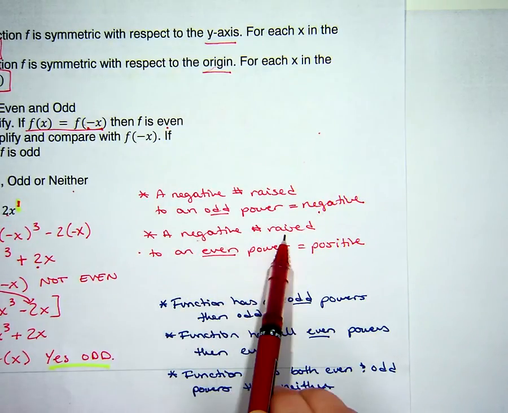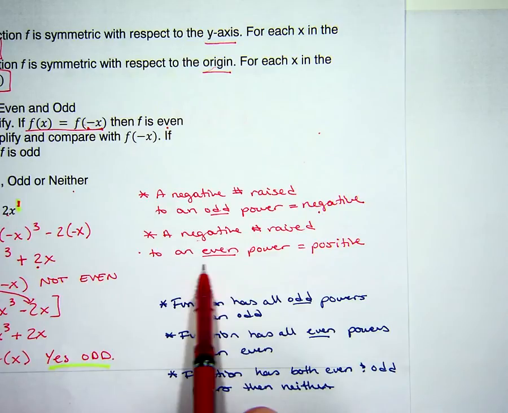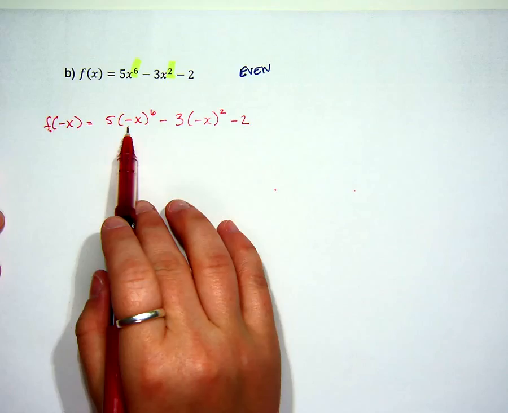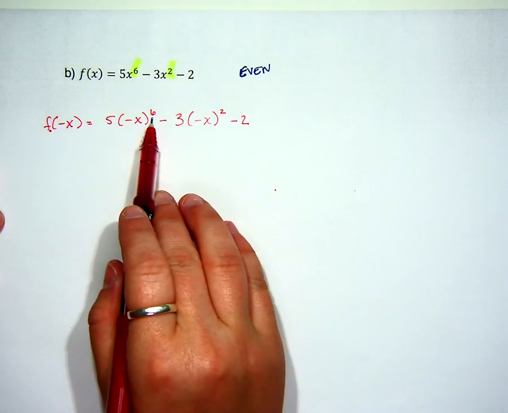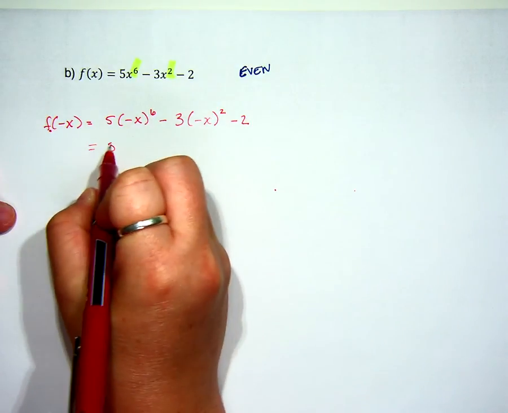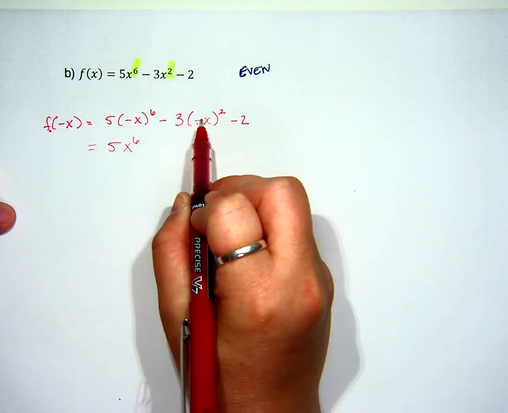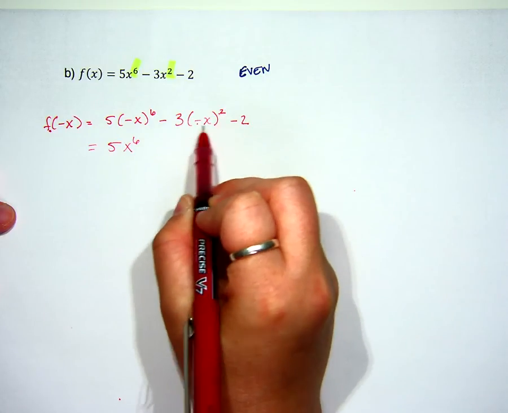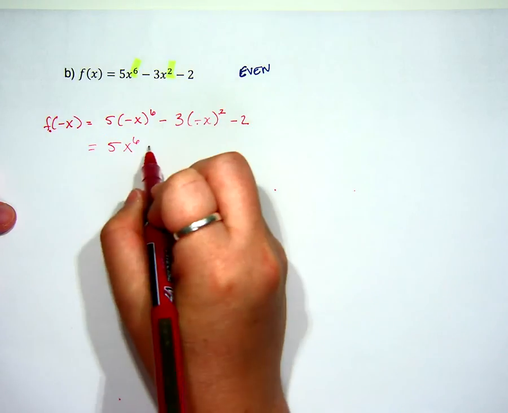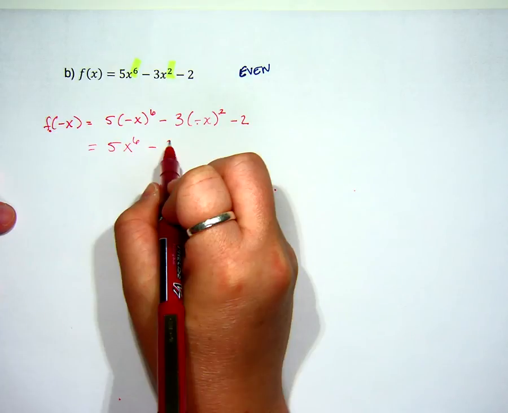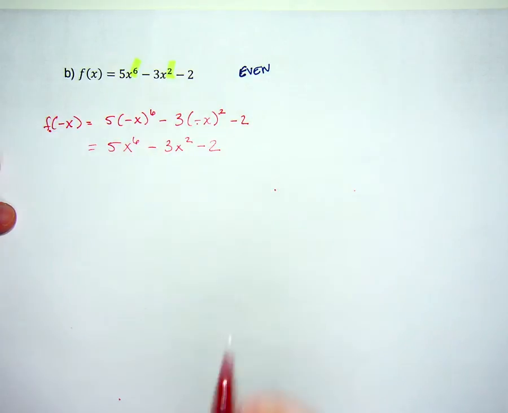A negative raised to an even power is positive. A negative raised to an even power is positive. This is positive. Positive times a negative will be negative. And don't forget we have that minus 2 on the outside with no variable.